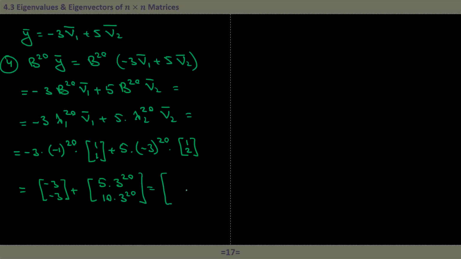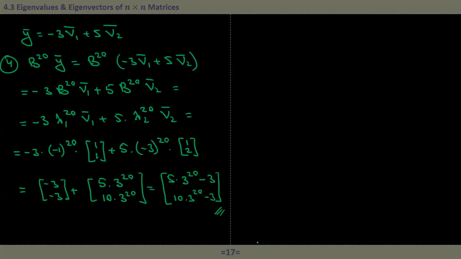If you add them up together, what we have here is 5 times 3 to the power of 20 minus 3, and 10 times 3 to the power of 20 minus 3. The 3 to the power 20 is quite a big number, so you can just leave it in this form. That is actually a more compact form.